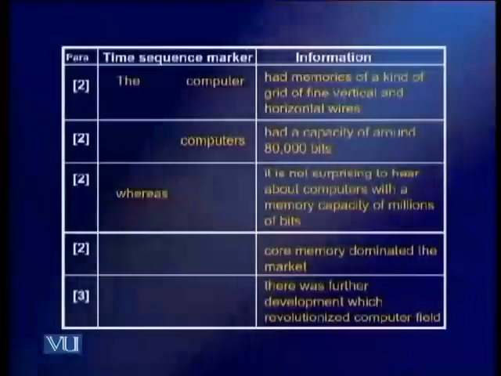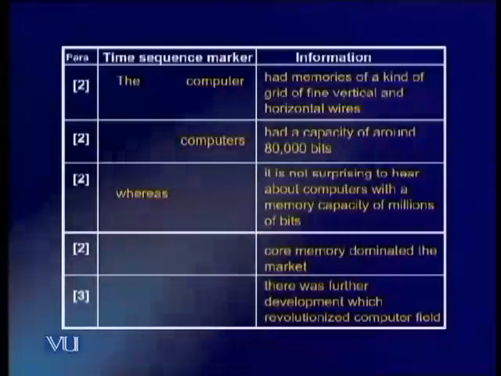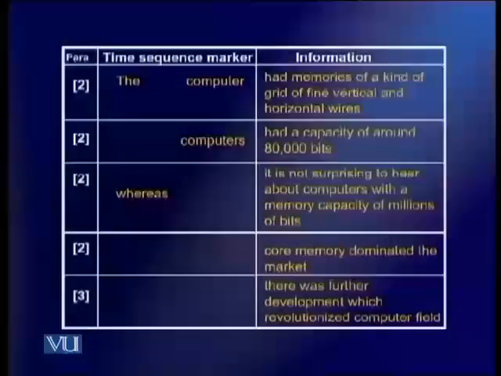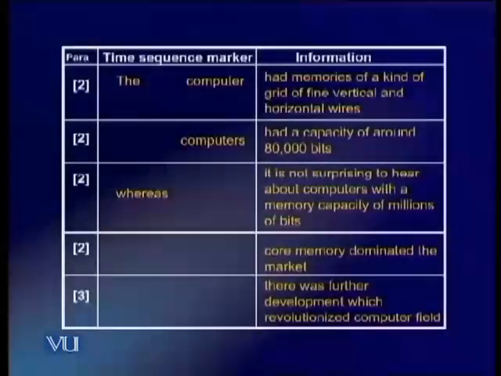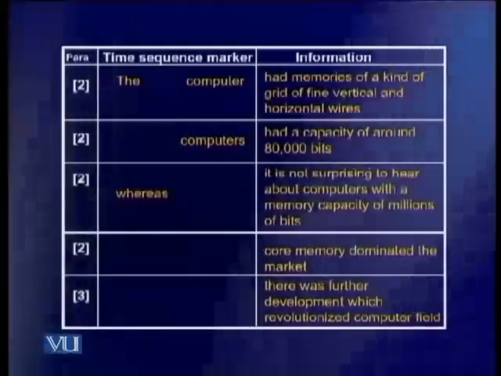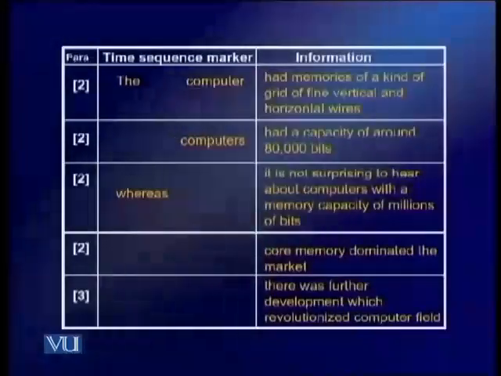And the information is already given to you. So you've got 2 columns. You have to write down the word which tells you what time a certain thing took place.